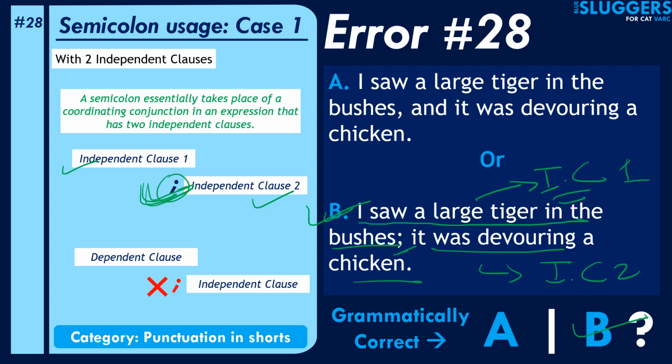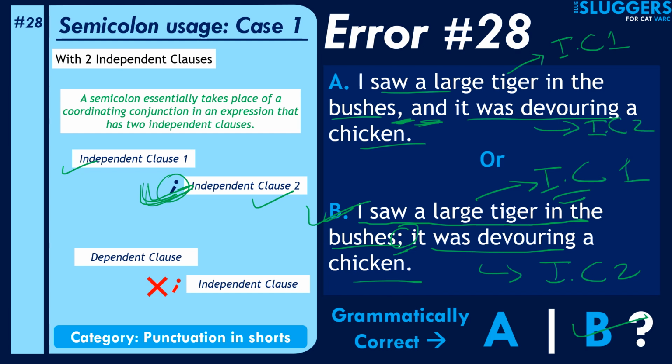Let's look at the first sentence now. It says "I saw a large tiger in the bushes." So again, it's the same independent clause that we have here as well. I see 1. The next part, instead of a semicolon, which we had here, you have a comma and then a coordinating conjunction, that is "and." And then again you have the next part, which is "it was devouring a chicken." So that will be your independent clause 2.